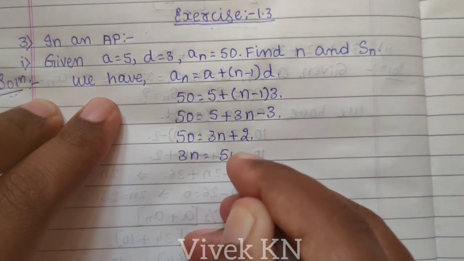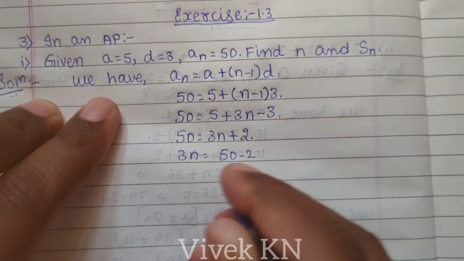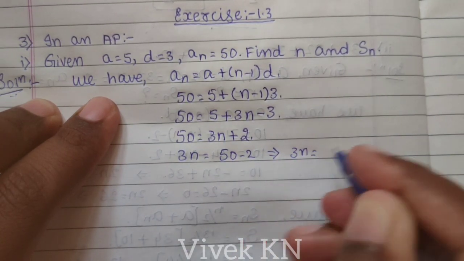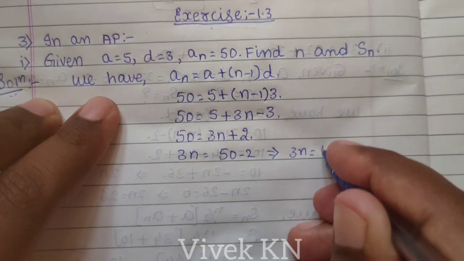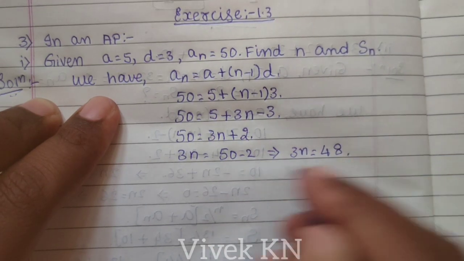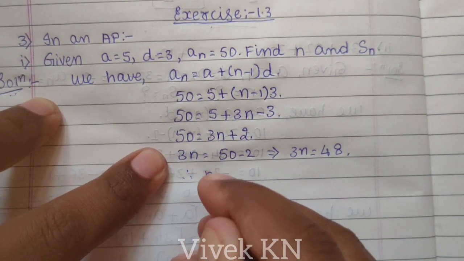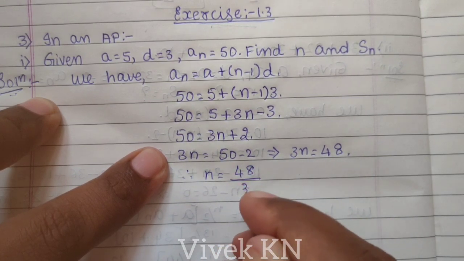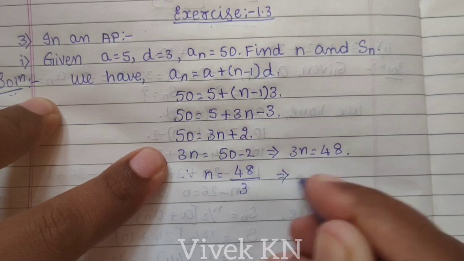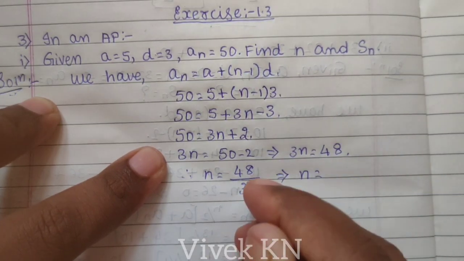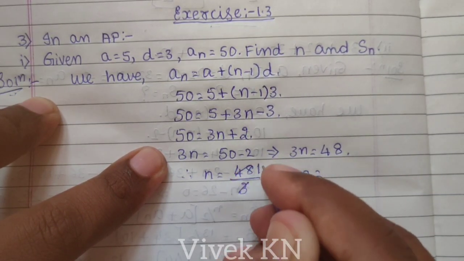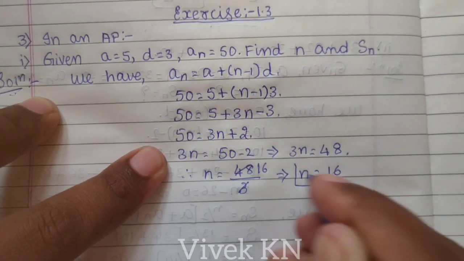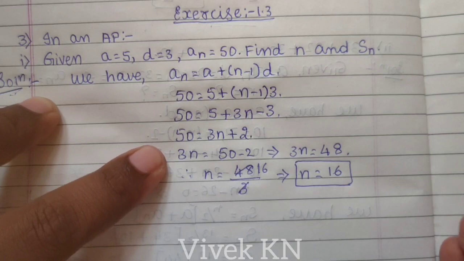That is 50 minus 2 is equal to 3n, which is 48. Therefore n is equal to 48 divided by 3. That is n is equal to 16, since 3 16s are 48. The value of n is 16.